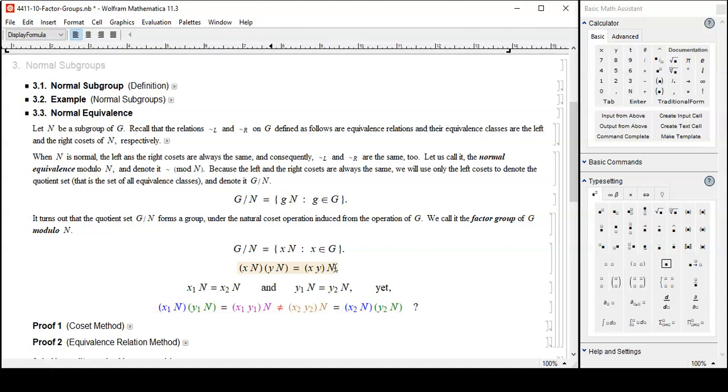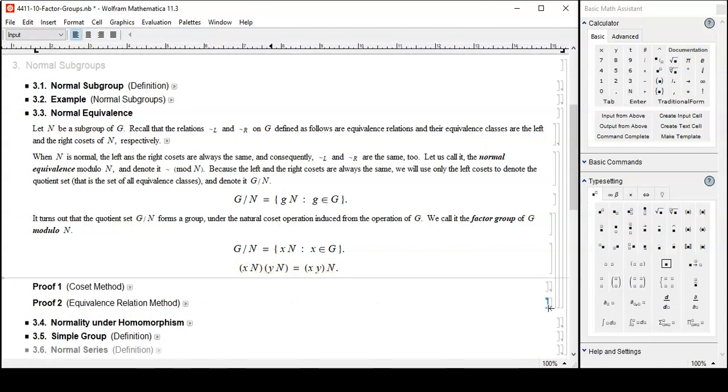And then based upon that, we have to prove that we have a group structure under this induced operation. We need a lot of steps. But assuming we accomplish everything, we have a new group, which we call the factor group.